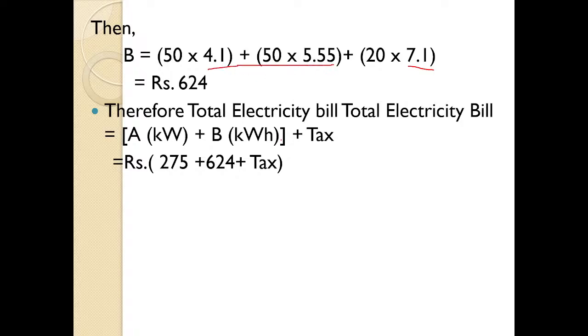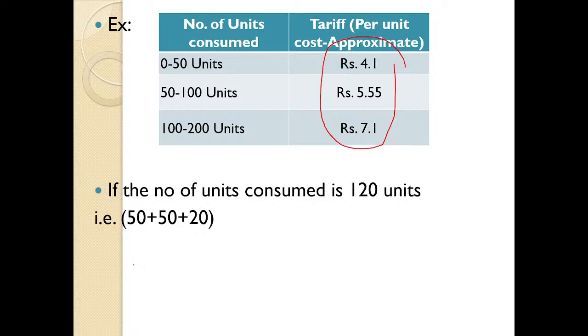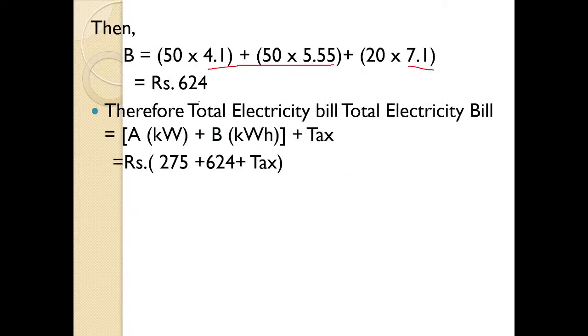For the last 20, the rate is 7.1. Our case is 120 units, so the rate for the last portion is 7.1. So just multiply and add, you will get 624.